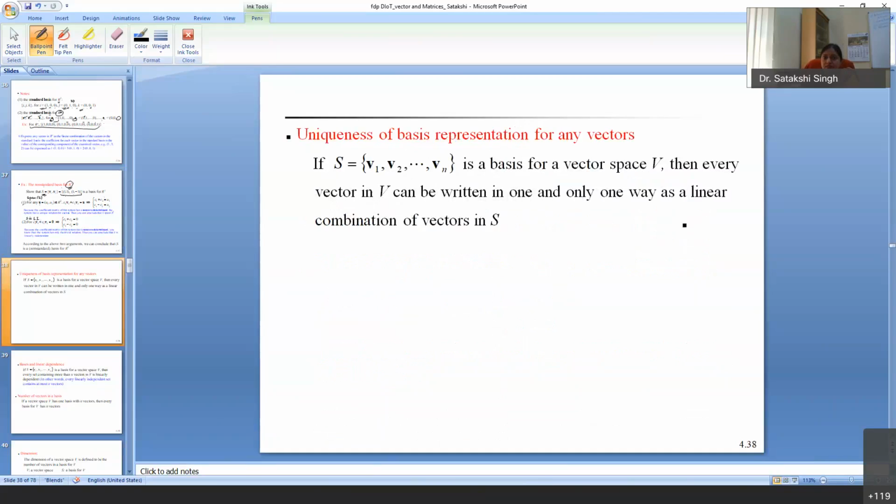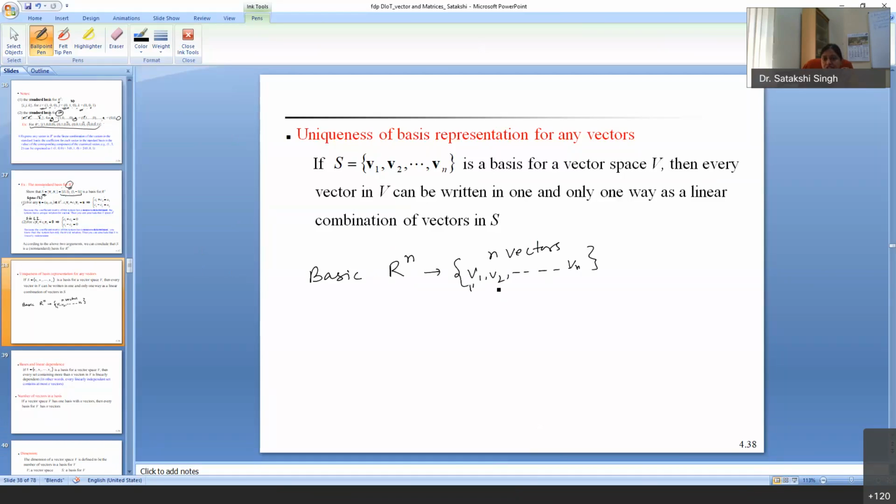Now, uniqueness of basis representation: if S is a basis for a vector space V, then every vector in V can be written in one and only one way as a linear combination of vectors in S. What does it mean? You can have the standard basis for a vector space, and you can have some non-standard basis also, but whenever you have a basis of an n-dimensional vector space, that basis set will have n vectors, let us say v1, v2 up to vn.